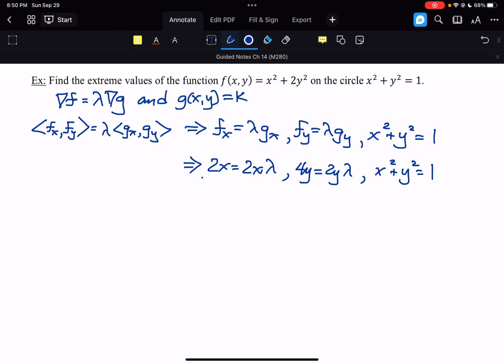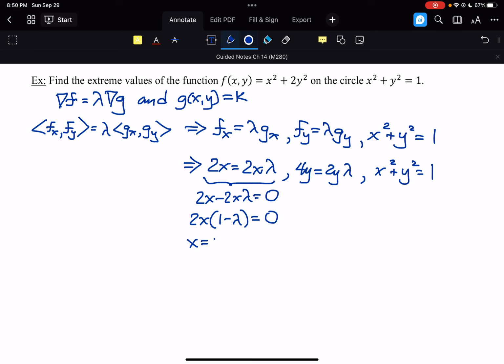Now if we look at the first equation here, this gives us only two possibilities. Don't divide everything by 2x. That might be the temptation, but that's not going to give us all the solutions that we need. Instead, subtract, so 2x minus 2x lambda equals 0, and factor out the 2x.